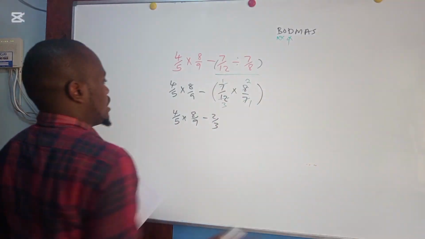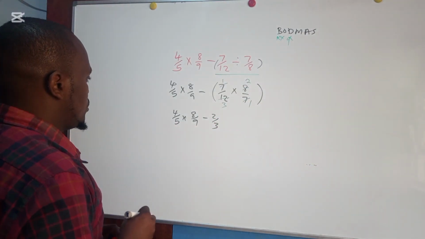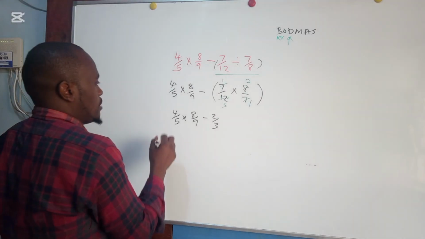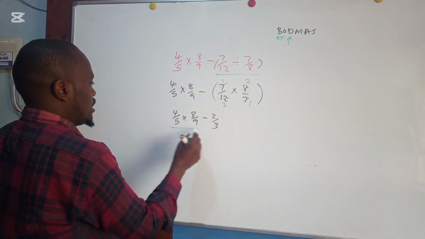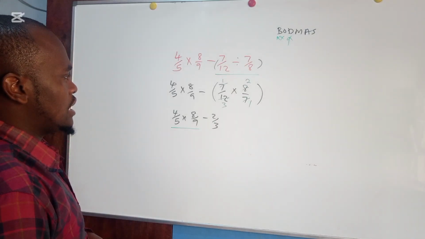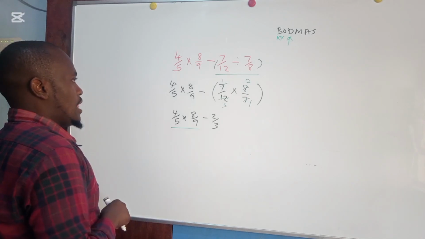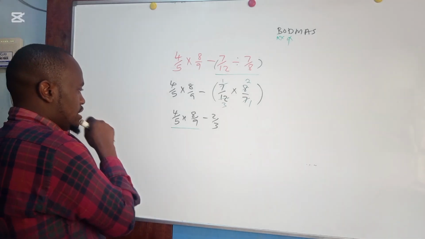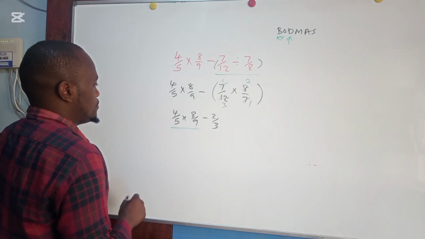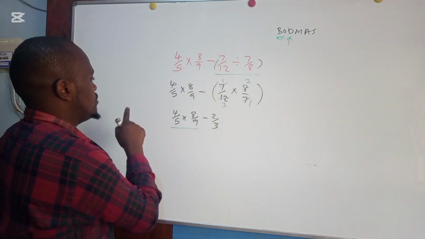So after this, you do the multiplication part. The next one is multiplication. I'm just underlining, it's not a requirement, but I'm underlining to show the teacher what I am doing first, so that you can follow. So here, you have 4 over 5 times 8 over 9.